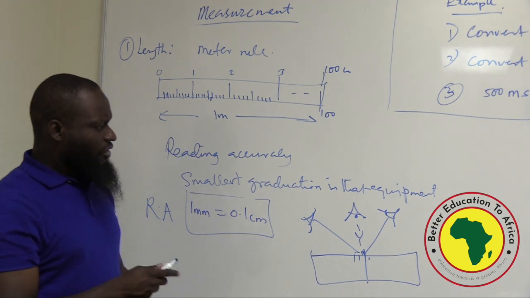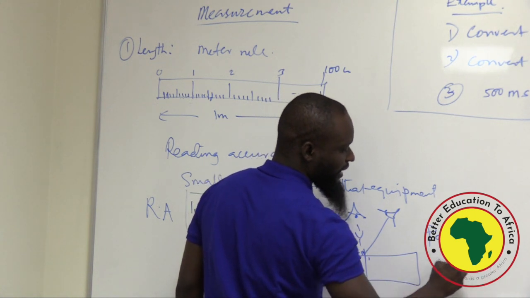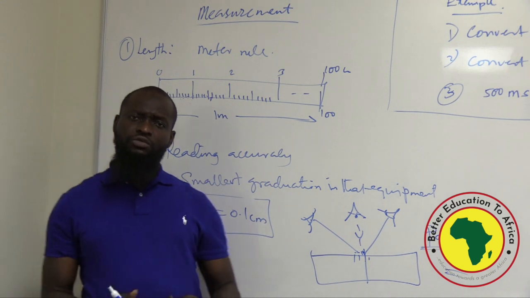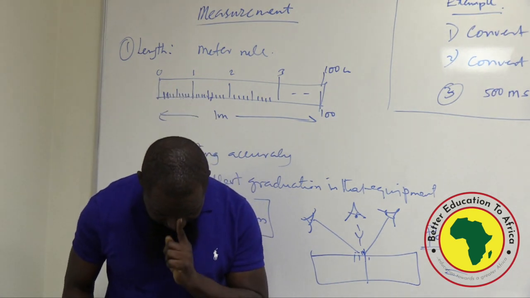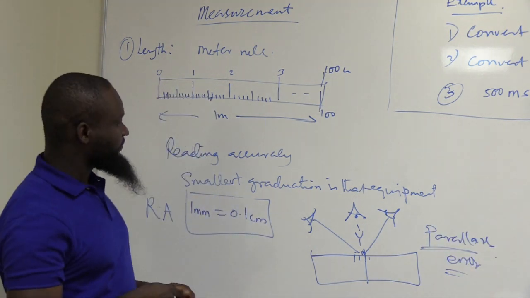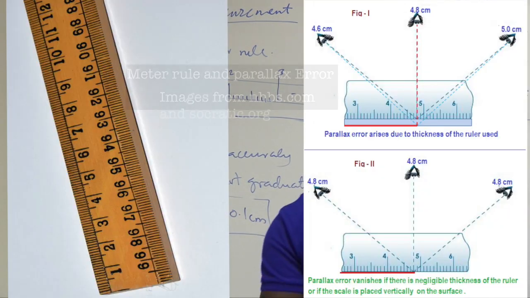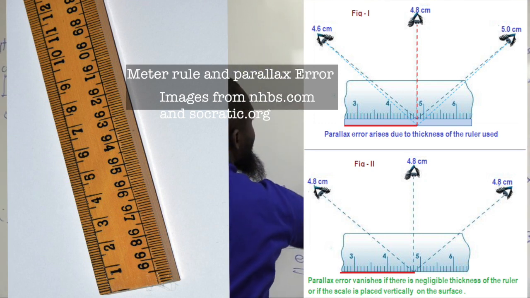So when we are using a meter rule, we try to avoid parallax error by making sure that our eyesight is vertically opposite the point we are taking the exact reading. You can see an image of a meter rule on your screen.